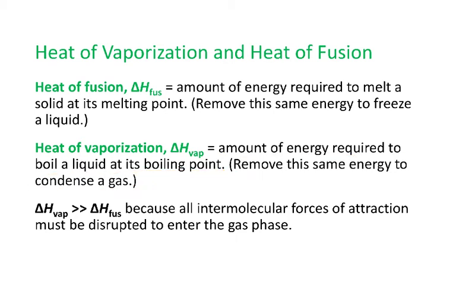These are the kinds of values that you may look up on a table or something. They would have units of something like calories per gram, or joules per gram, or kilojoules per mole, something like that. So let's see what this means.